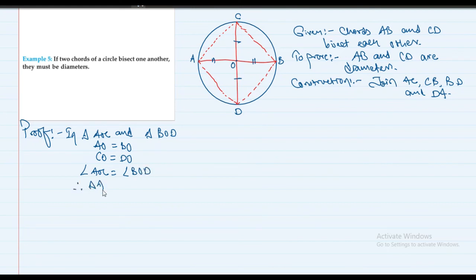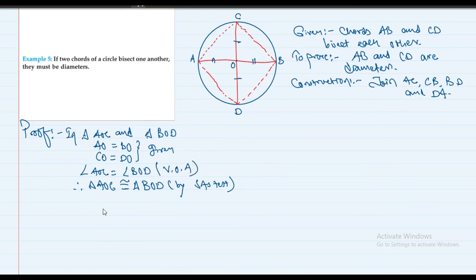Therefore, triangle AOC is congruent to triangle BOD by SAS test. Okay, you must be wondering the reasons, right? So these are given and these two angles are equal because vertically opposite angles.